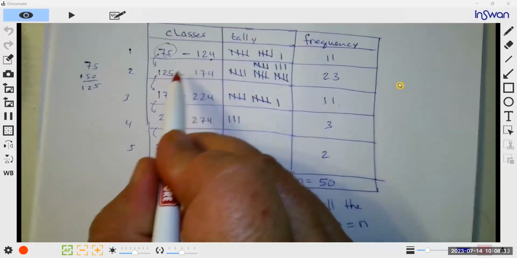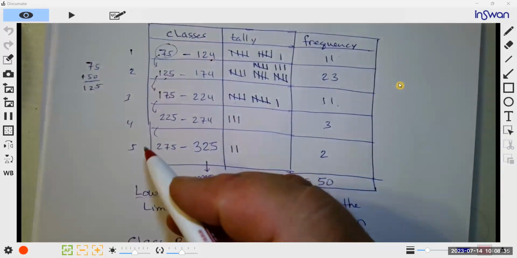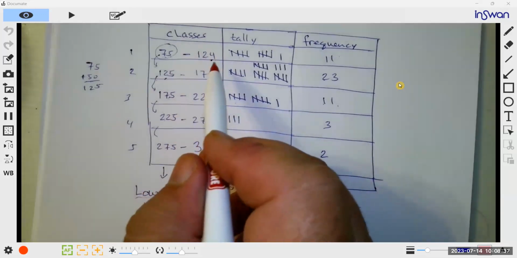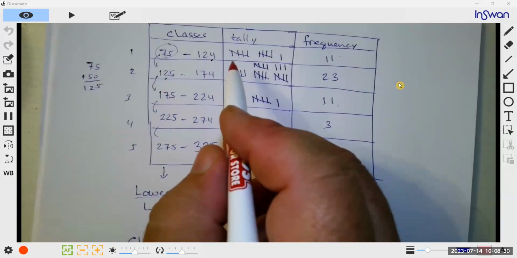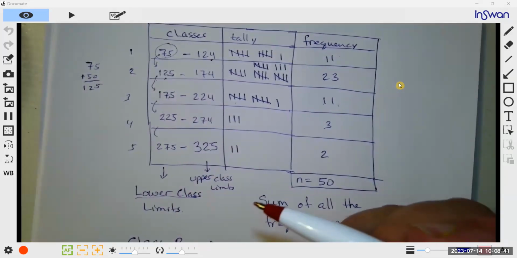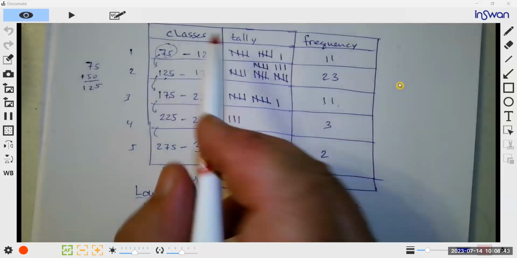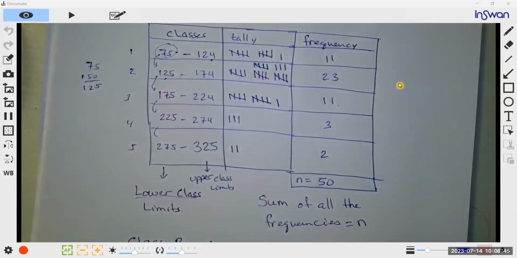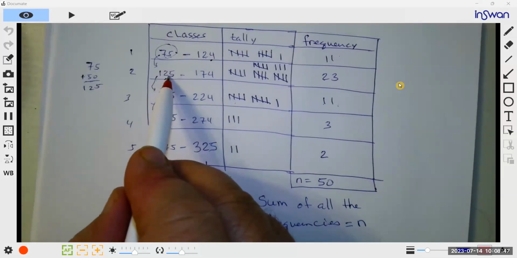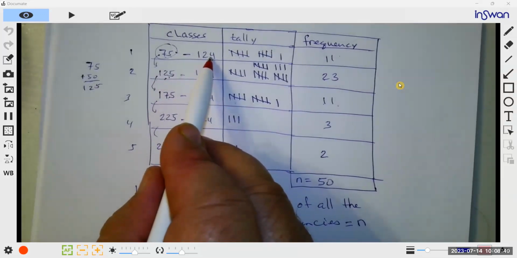So between 124 and 125, that's the gap. Because what if we had a number that came in our data points as 124.5 or 124.7? Which group would it go into? It's not bigger than 125. It's too big for 124.